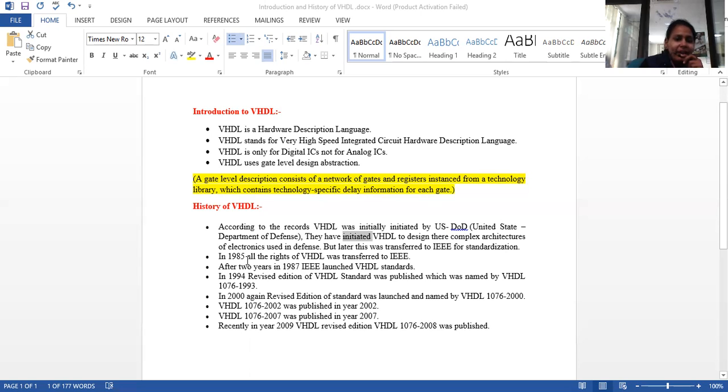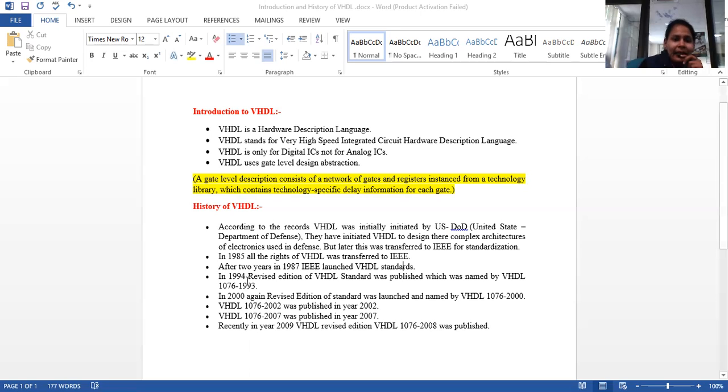In 1985, all the rights of VHDL were transferred to IEEE. After 2 years, in 1987, IEEE launched VHDL standards.